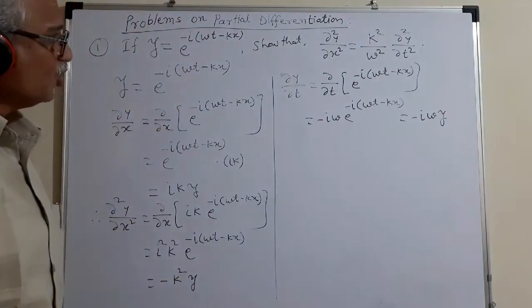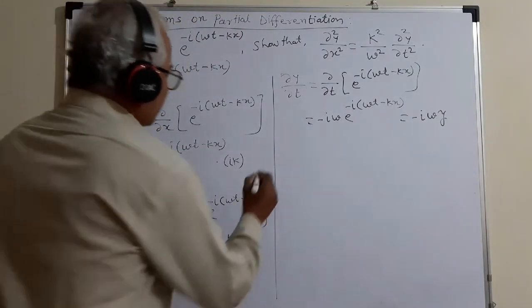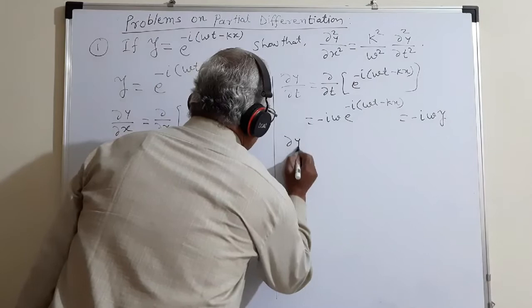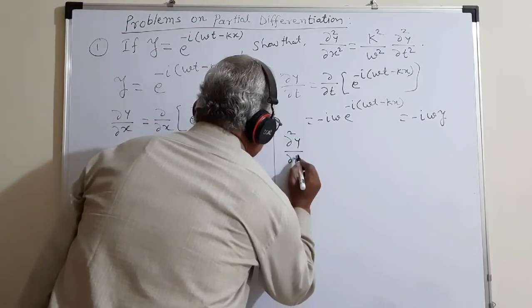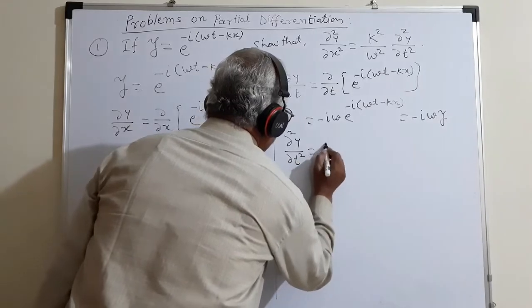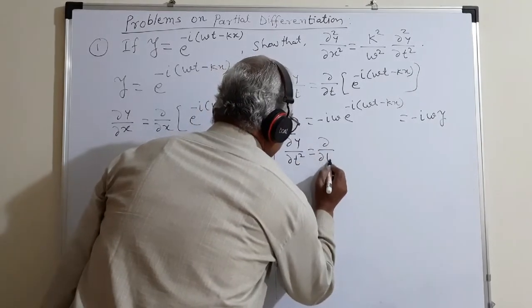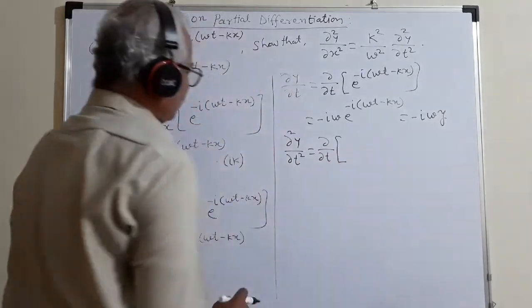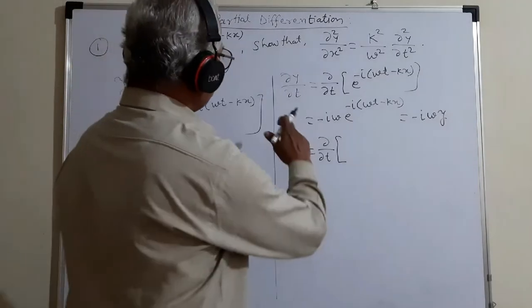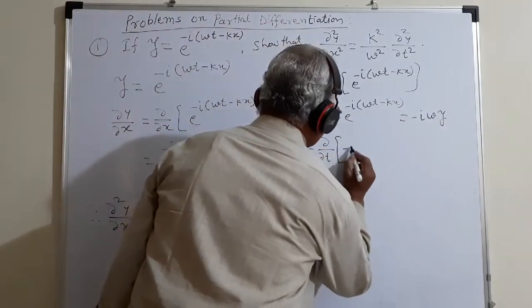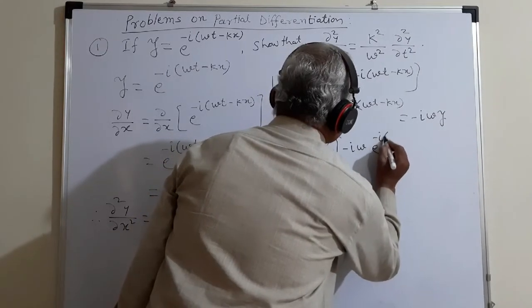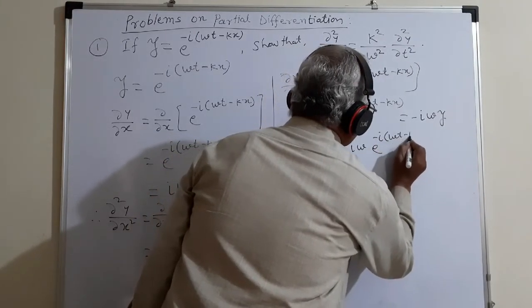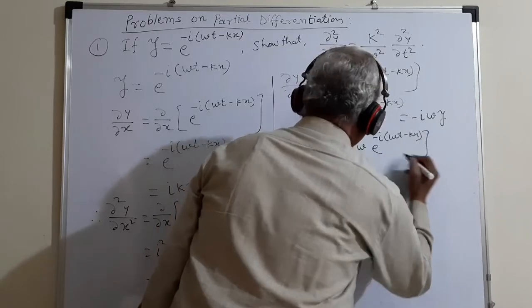And differentiating ∂y/∂t once again with respect to t, we get ∂²y/∂t², and this is nothing but ∂/∂t of ∂y/∂t, and ∂y/∂t is minus i omega e raised to minus i omega t minus kx.